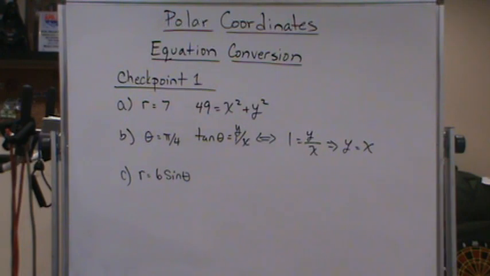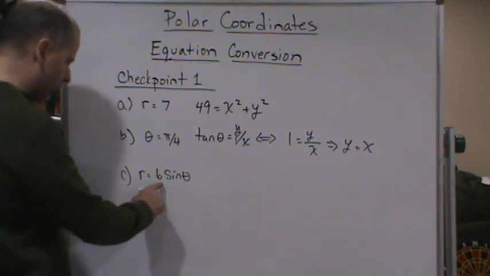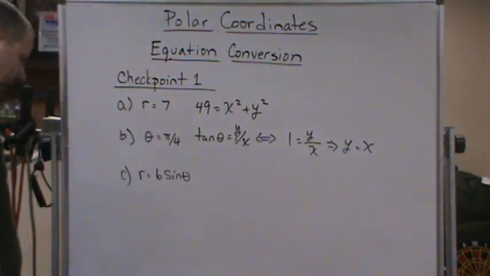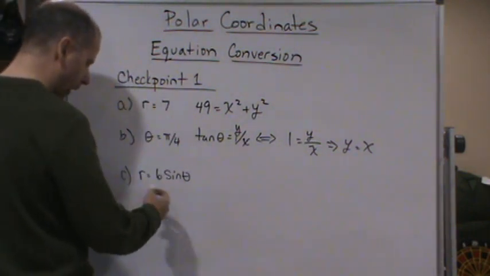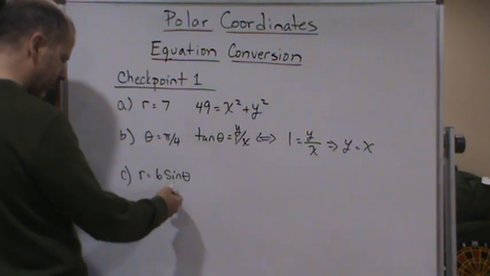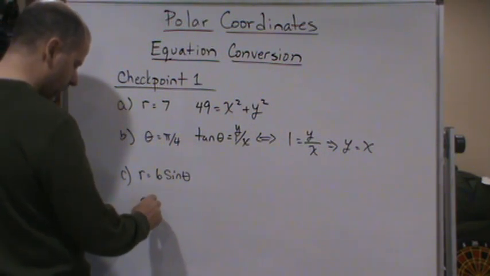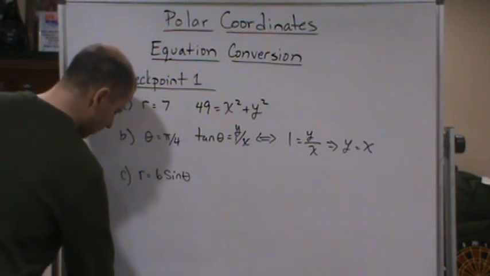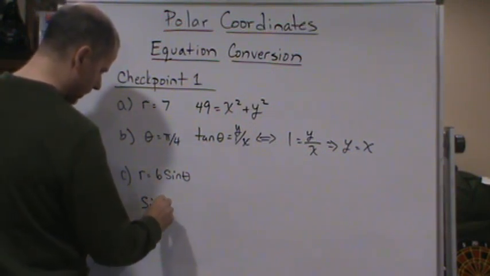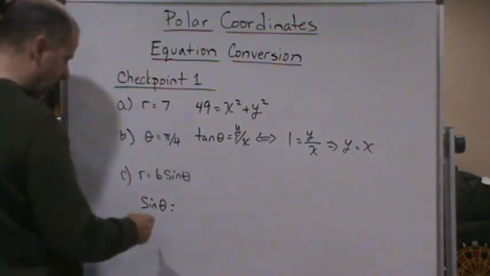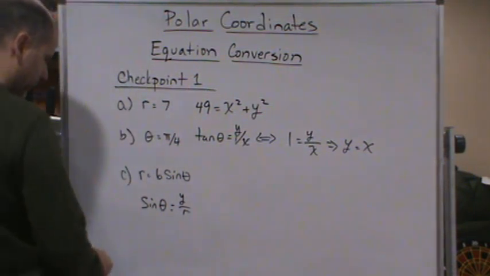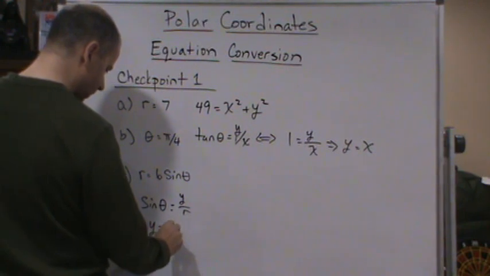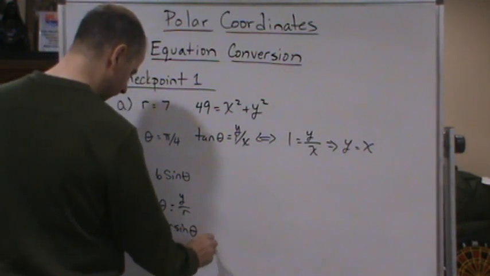Now again, we might have to think about this, use some ingenuity here. So we've got r equals 6 sine theta. Well, let's use the relationship we know: sine theta equals y over r, so that means y equals r sine theta.